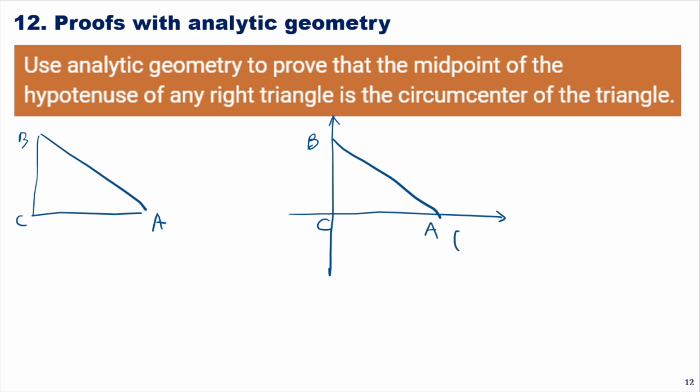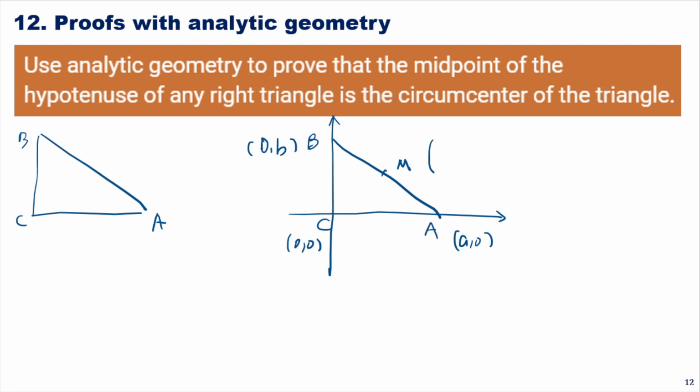A has coordinates (a, 0), B has coordinates (0, b), C has coordinates (0, 0). Since C is the vertex of the right angle, side AB is the hypotenuse, and we let M be the midpoint of AB.